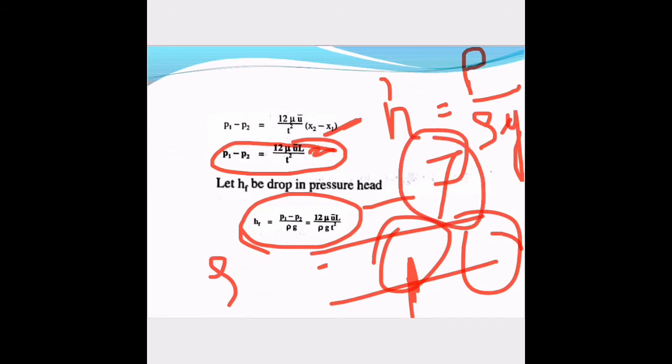Have you understood how we have calculated the drop of pressure head, HF? From this head equation only, you should clear this head equation, H equal to P by rho g plus Z, for a static head.